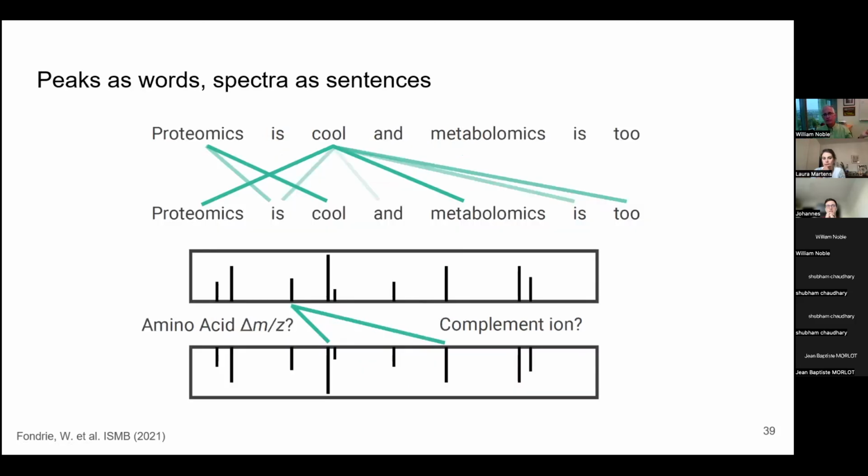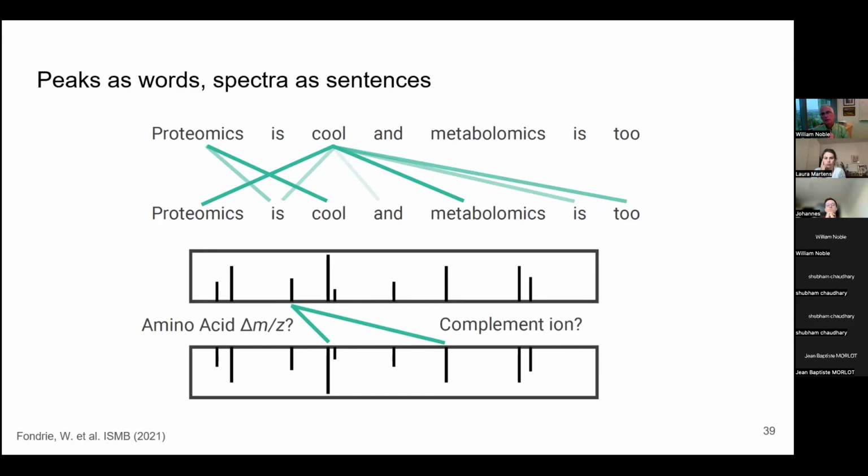So in our setting, we're thinking of peaks as words and spectra as sentences. And so rather than learning relationships relating words to other words in the sentence, we're learning relationships between pairs of peaks. And those might be, for example, these two peaks seem to be related to each other because their difference is equal to the mass of a known amino acid.